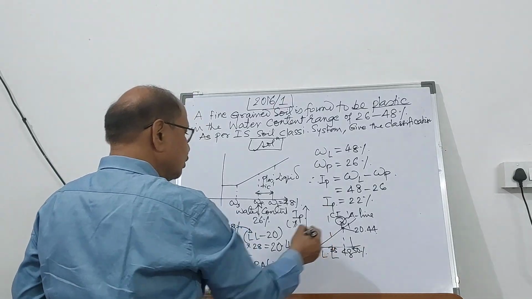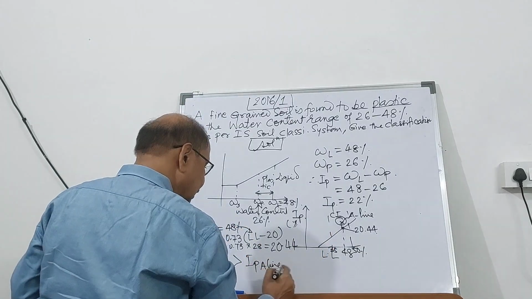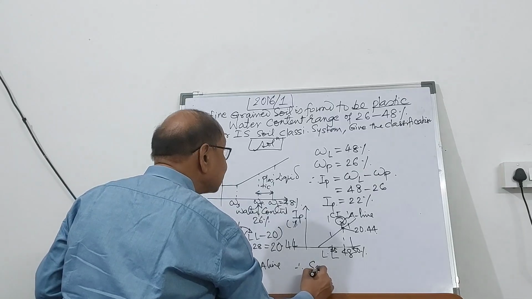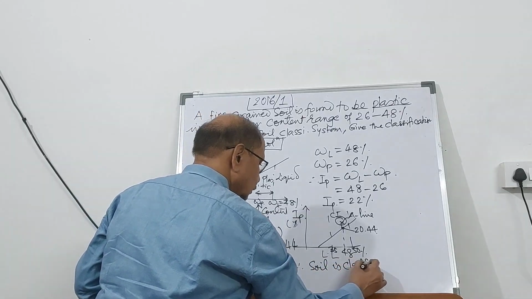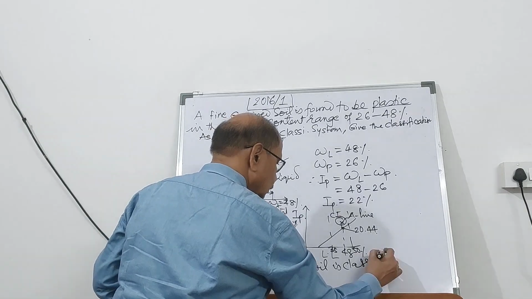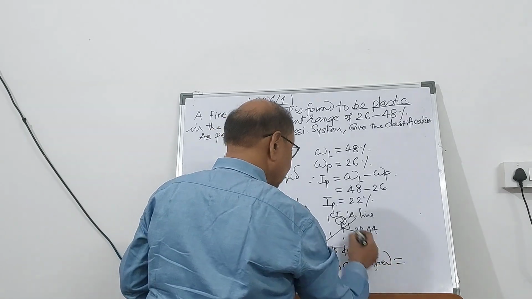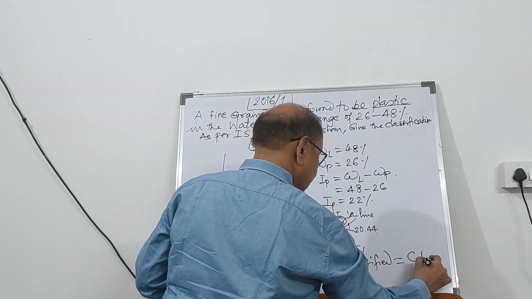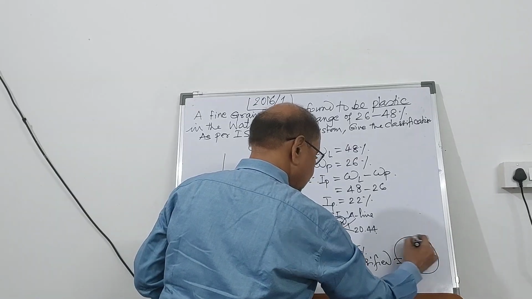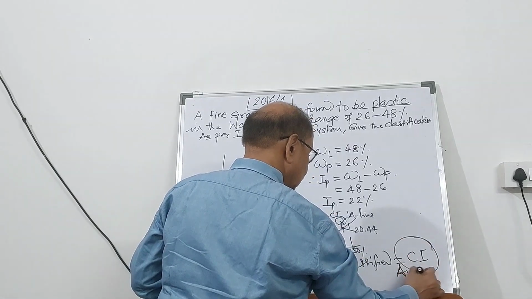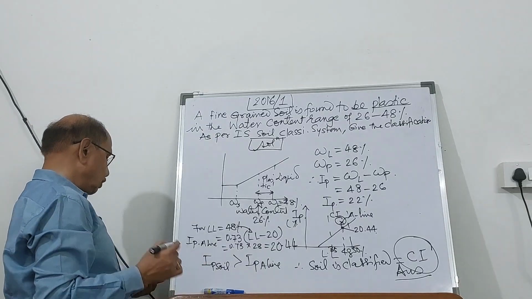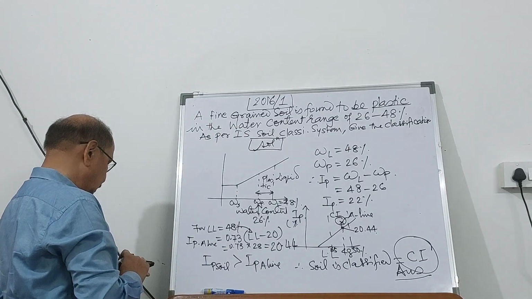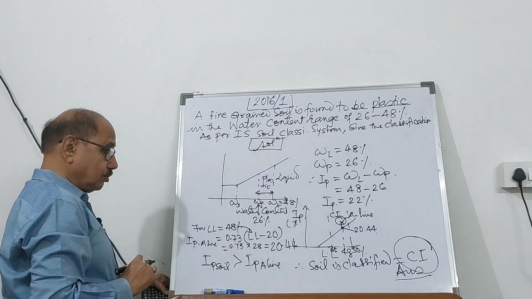And your liquid limit is 48. Therefore, the soil is classified as CI. This is the answer. This is the soil classification. So you can see the answer of this question.